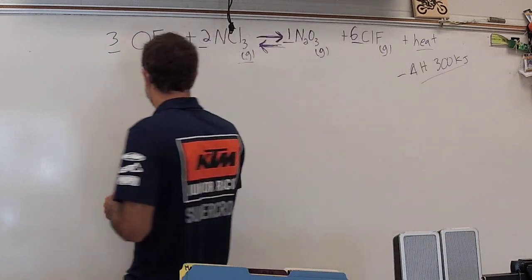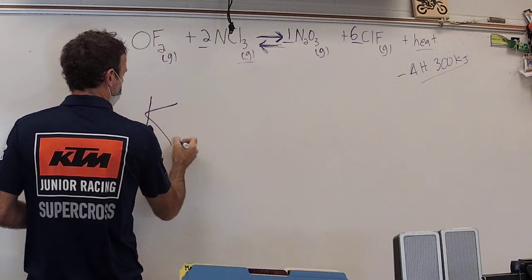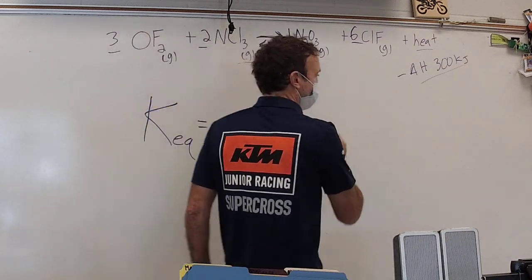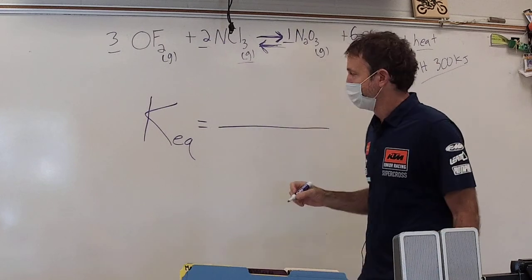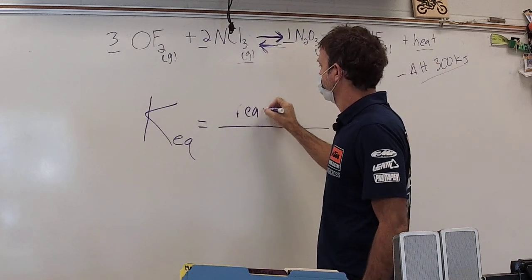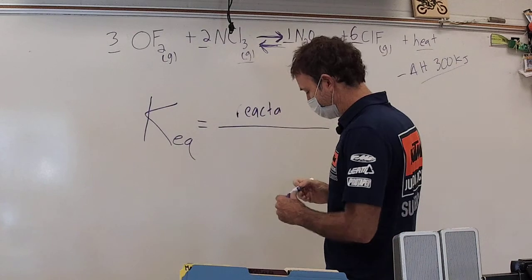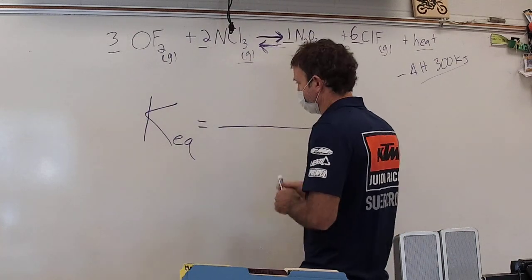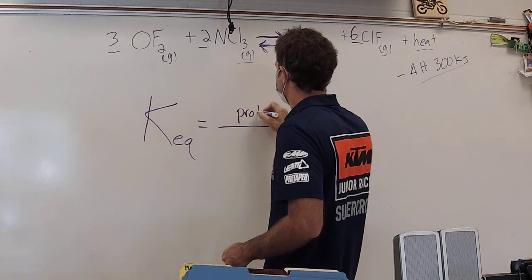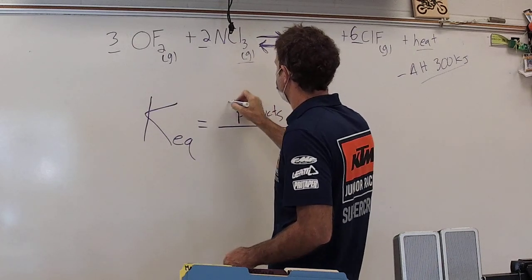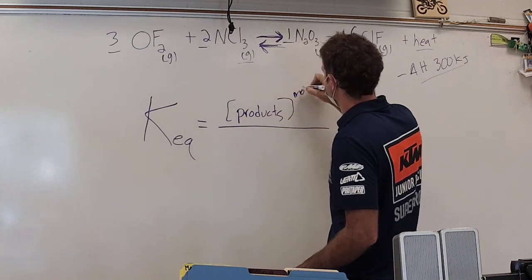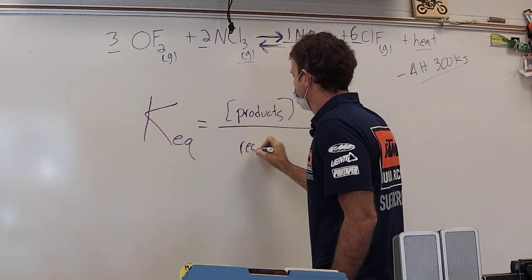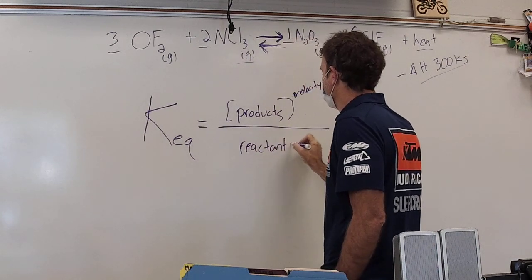The K EQ is equal to the product, you're going to write this down, the product of the reactants, no, excuse me, the products raised to the power of their molarity over the reactants, over the product of the reactants.